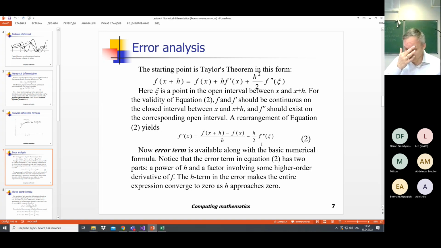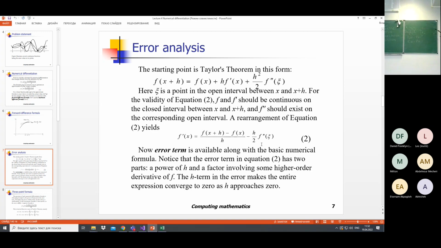And also you see that here h is in the power 1. It means that if I decrease h 10 times, the error decreases 10 times too. We see this effect here in this example. We take h 0.1 and we obtain the error 0.31.